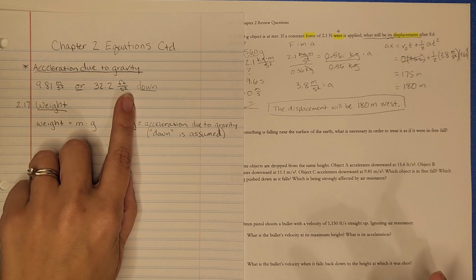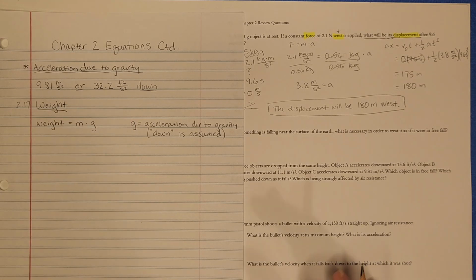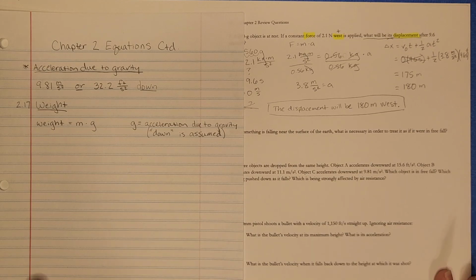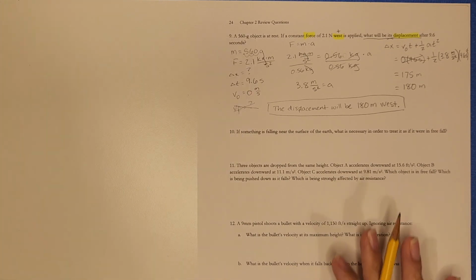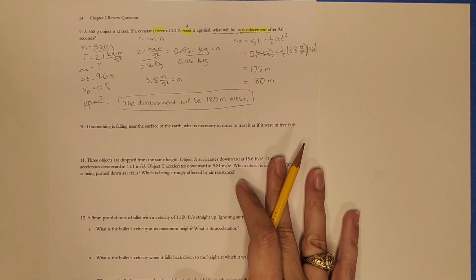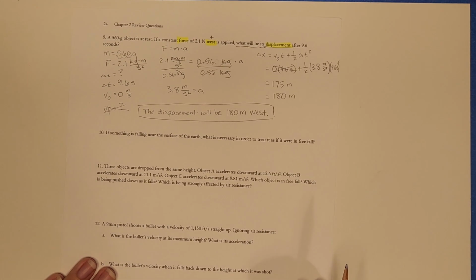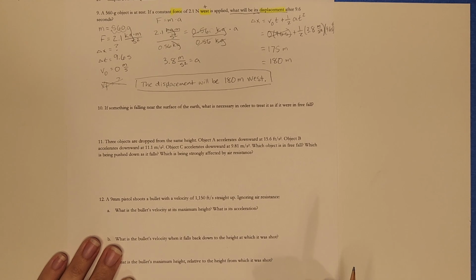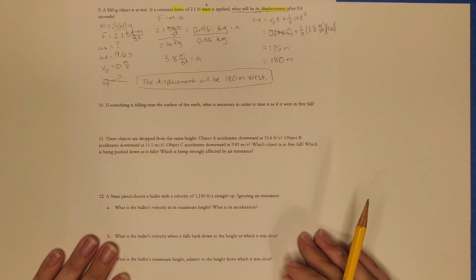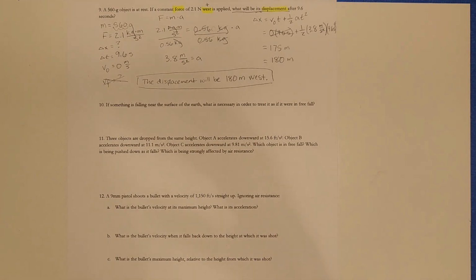But in order for this to work, you have to assume that there is not any friction going on. So what is necessary in order to treat it as if it were in free fall is that you either ignore the fact that there might be friction or resistance in the air, air resistance, or that it is very low.